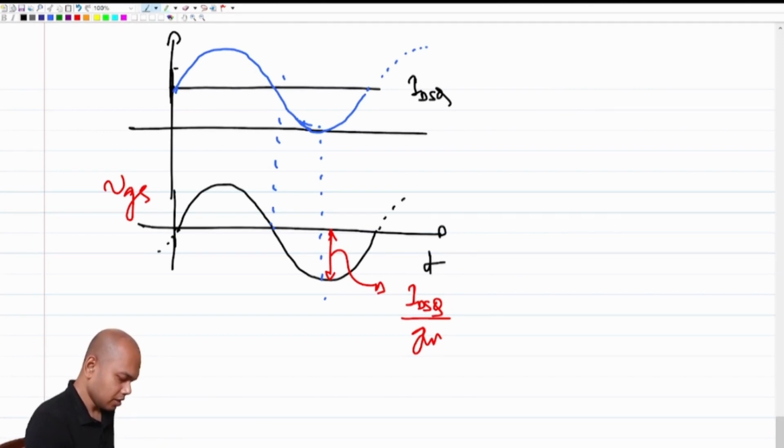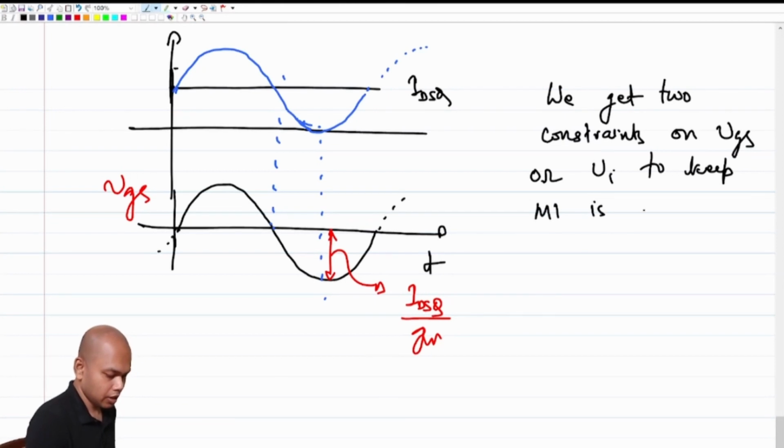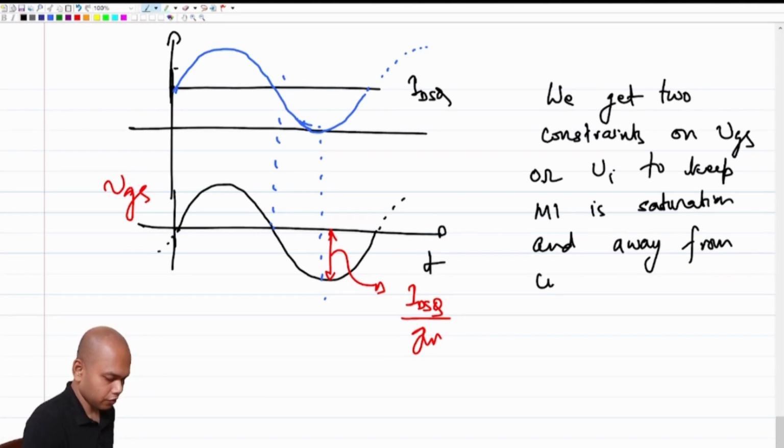To summarize, we get two constraints on VGS, or Vi in this case, to keep M1 in saturation and away from cutoff.